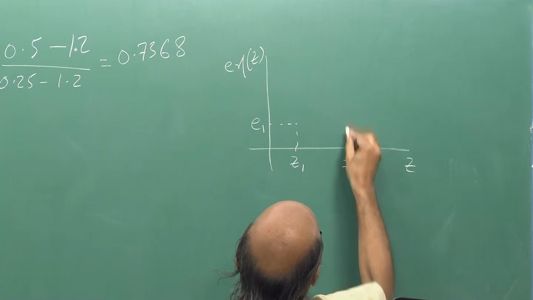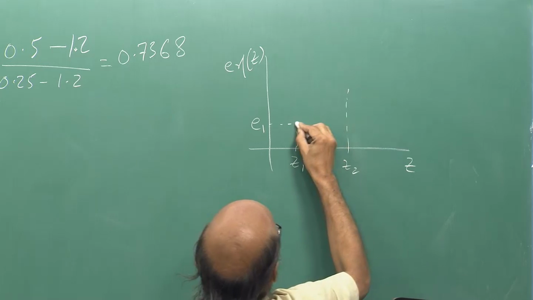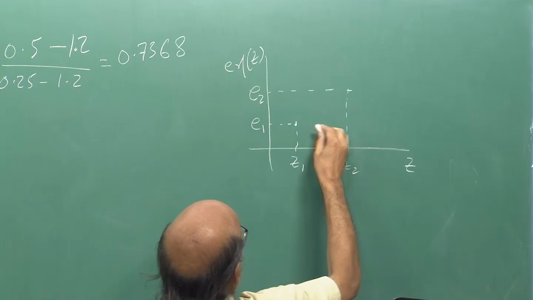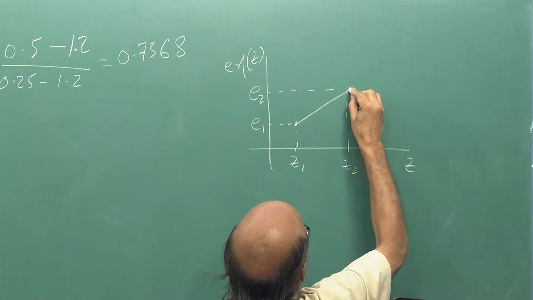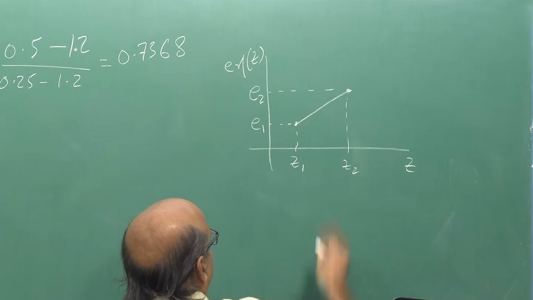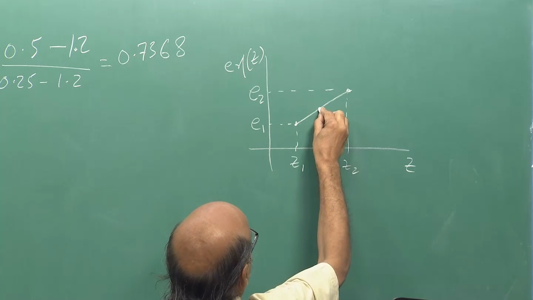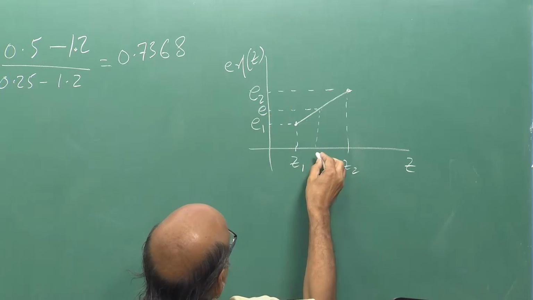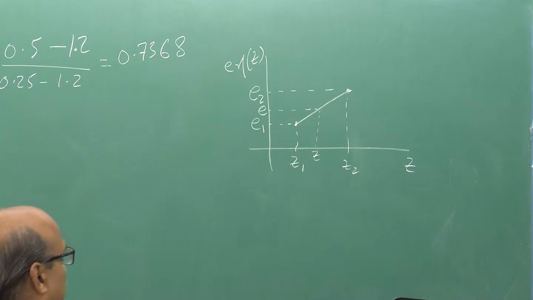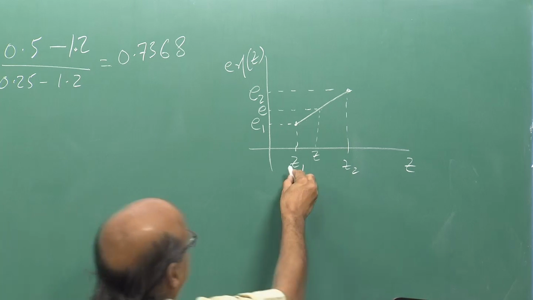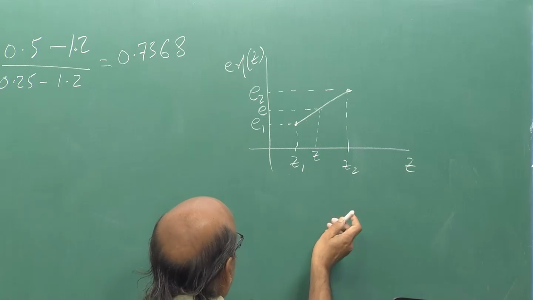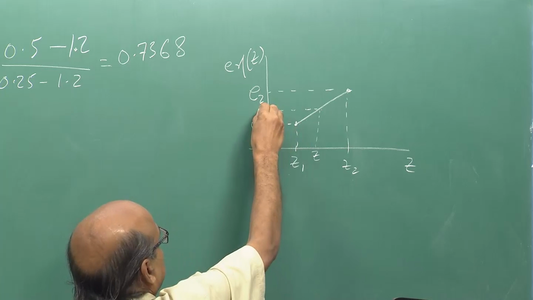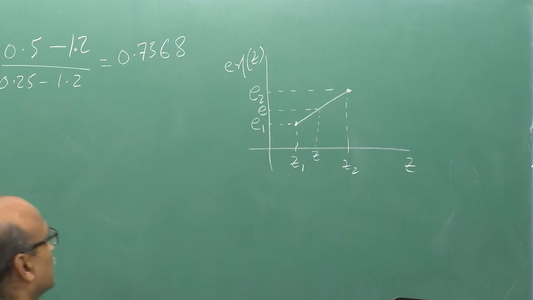For Z2, I have an error function value, let me denote it as E2, and I join these two points with a straight line. Somewhere in between, I want to find an error function value, designated as E, for a given z. So, knowing Z1, Z2, E1, E2, if I know z, from linear interpolation I should be able to get E. If I know E, from linear interpolation I should be able to get z.